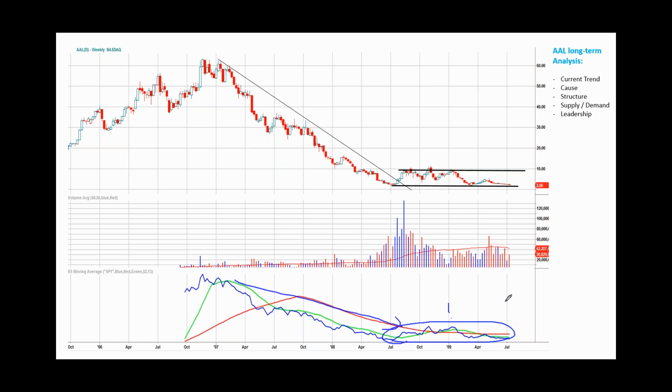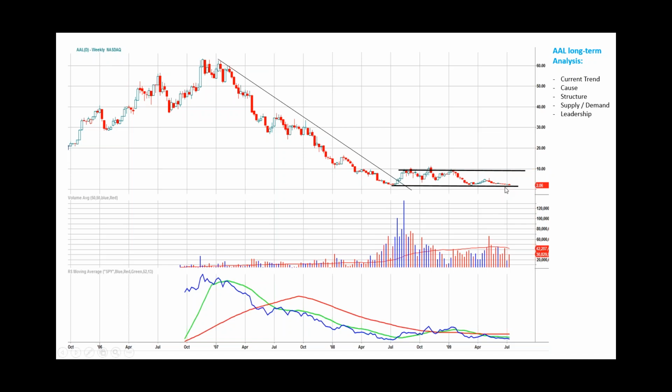So we want to find that leadership, and American at this point is not necessarily showing us that, neither structurally, because phase B is so small. The whole accumulation did not take a long time for a meaningful institutional campaign in the future.